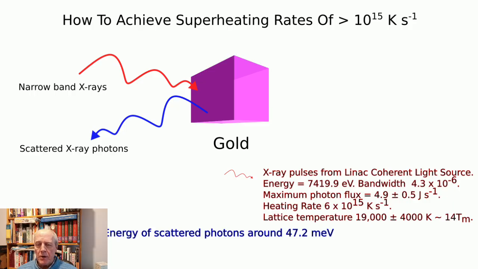The energy of the scattered X-rays was a mere, compared to the energy of the source, 47 milli-electron volts. How they measured and analysed the scattered X-rays is the topic of the next slide.